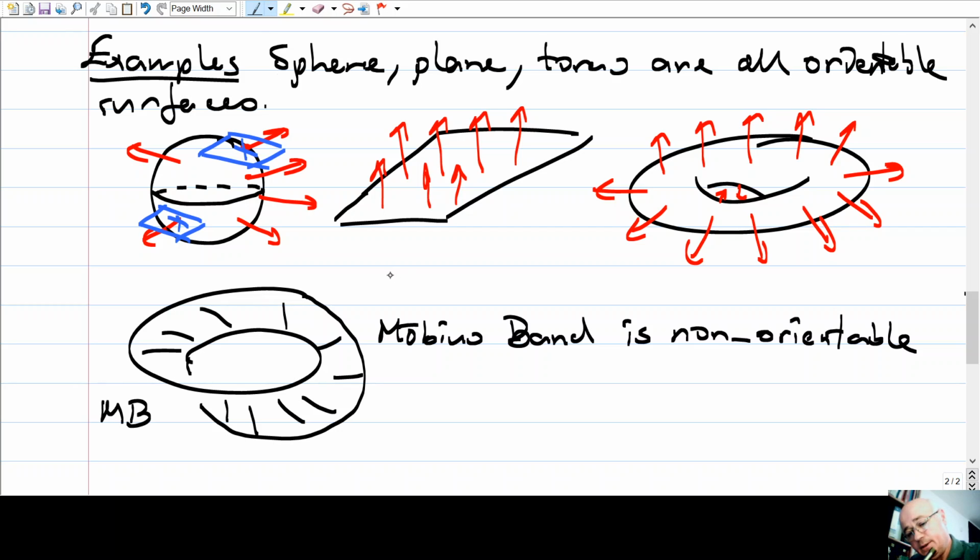Actually, you can see this. If you start, let's say, with a point here, let's say a vector like this, so it's pointing upward, and then it is becoming downward.